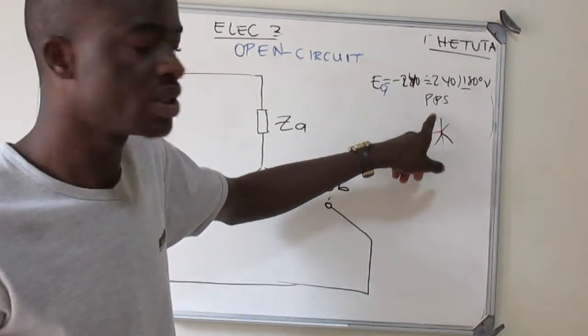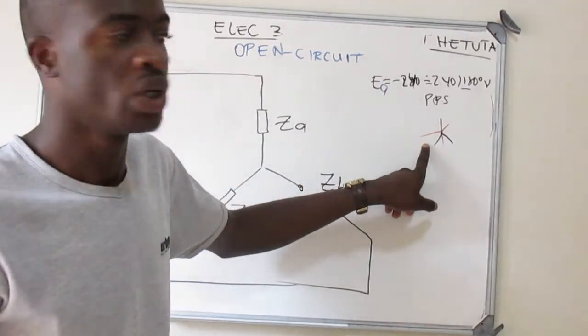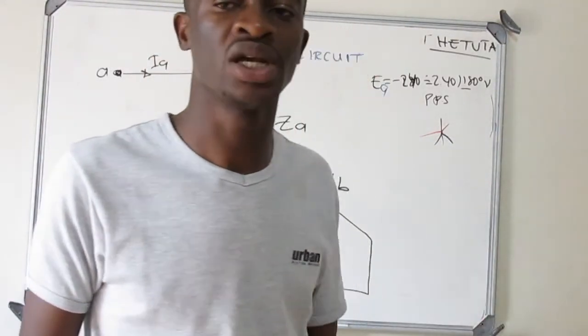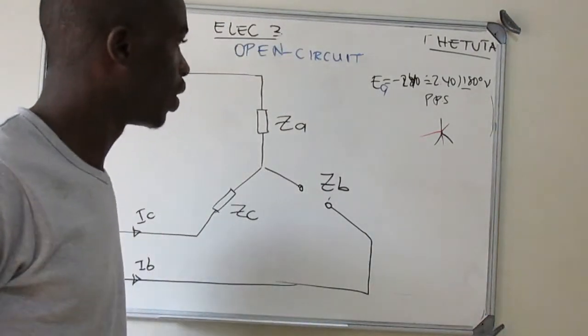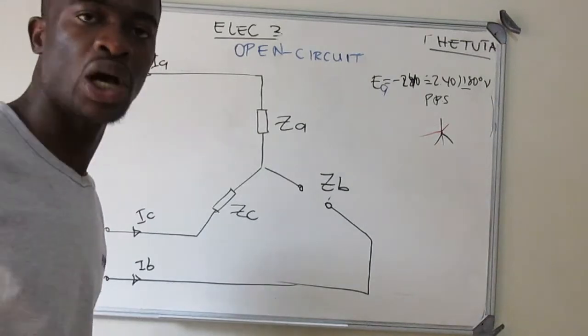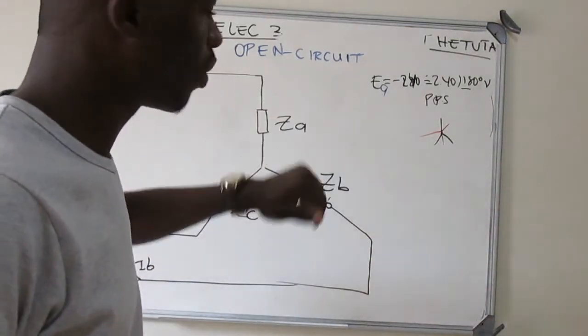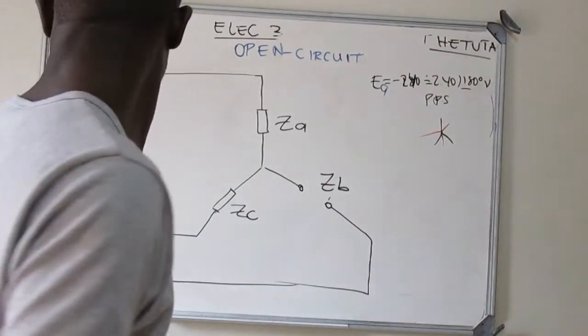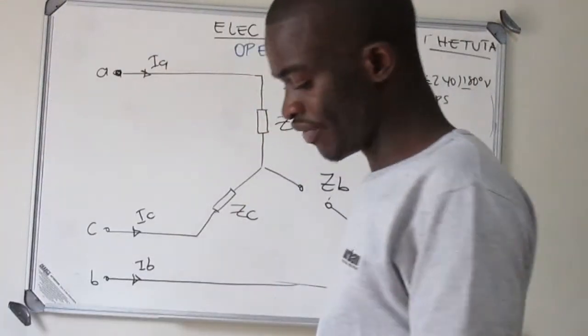Positive phase sequence, you already know how to do your phase sequence, but I'm going to post the memo of this question on our website. But let's just focus on how to approach a problem of a star load when we have an open circuit.